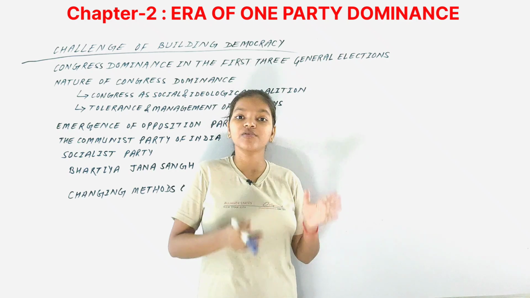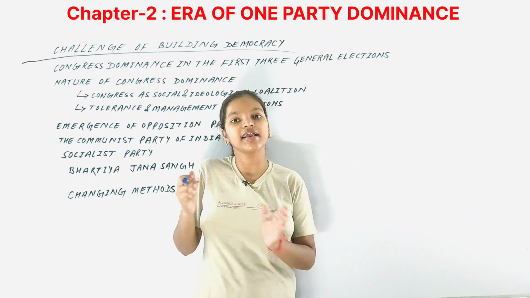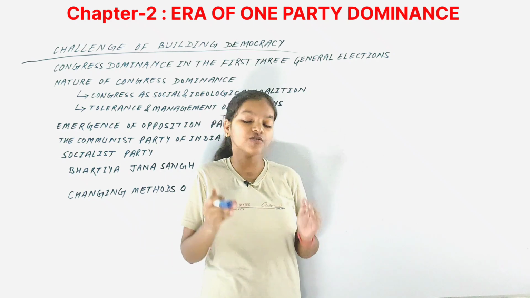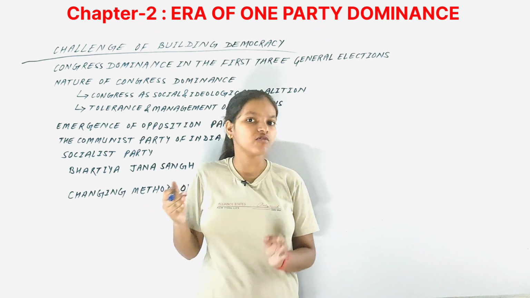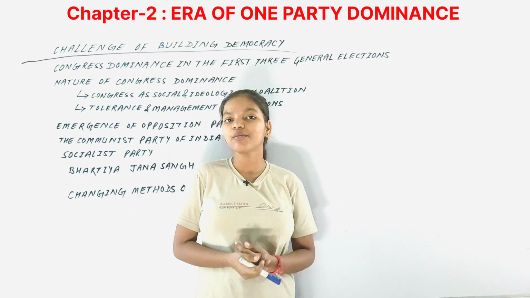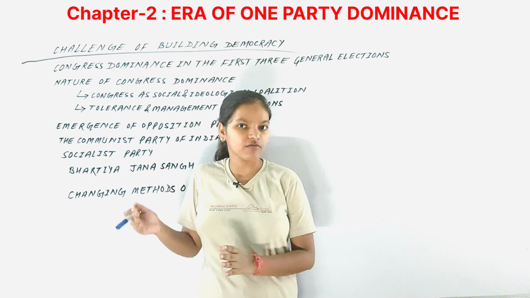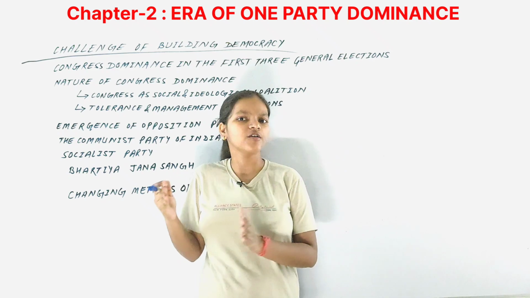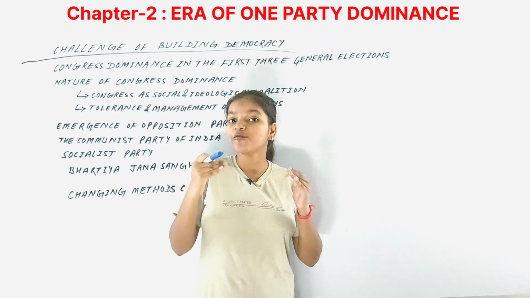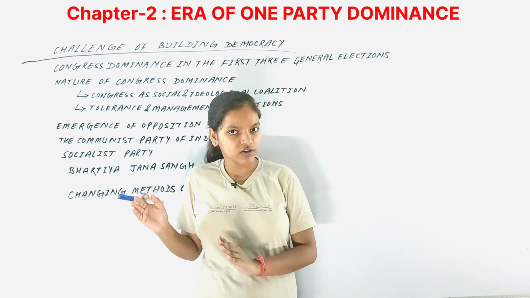That is why from 1947 to 1950, when the constitution of India was being written, at that time there was no elected government in the country. At that time there was an interim government, for a temporary period of time, and after that the first ever elected government would be chosen.